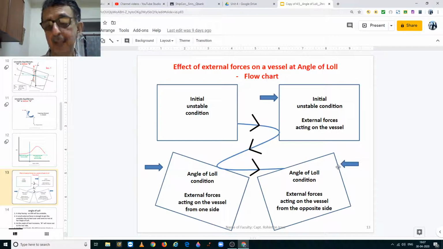This actually is a very dangerous situation. We should not allow the external forces to act upon the vessel from the beam, because we do not want the ship to flip-flop from an angle of Loll on the port side to an angle of Loll on the starboard side, and vice versa.